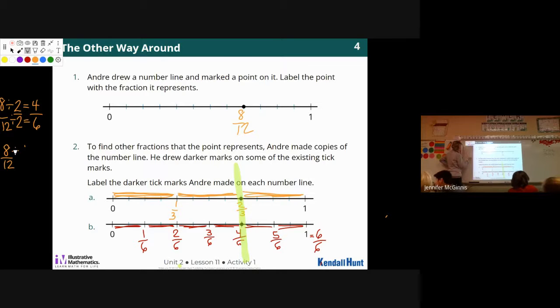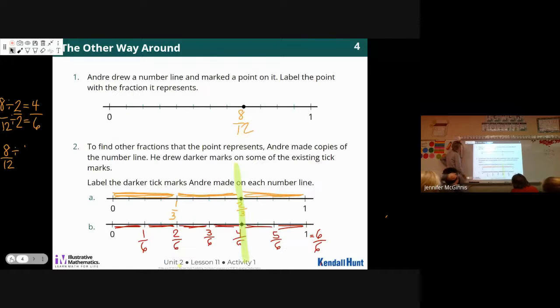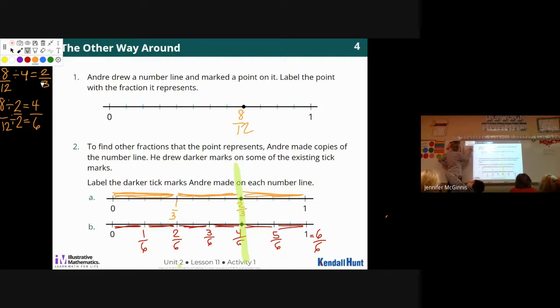Wait. Is that what he said? 8 divided by 4 equals 2. 8 divided by 2 equals 4. 8/12 divided by 4 equals 2/3.